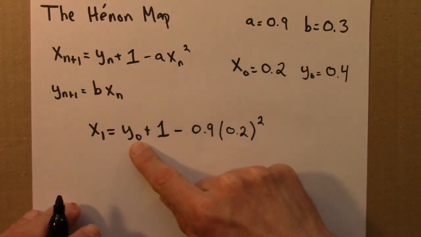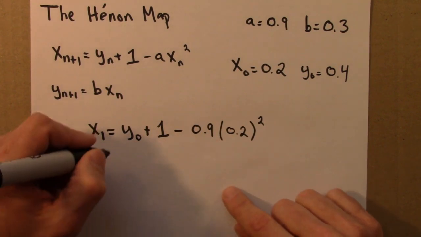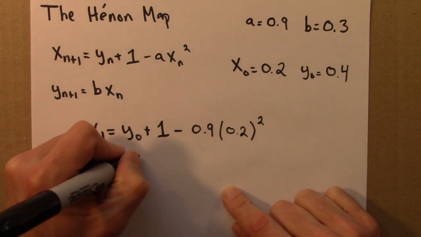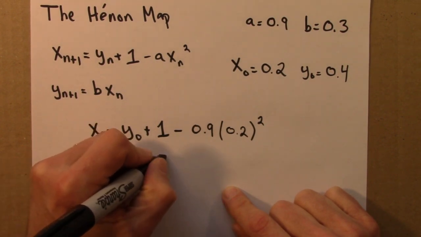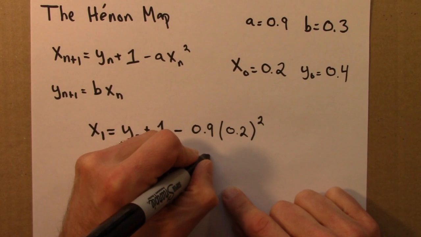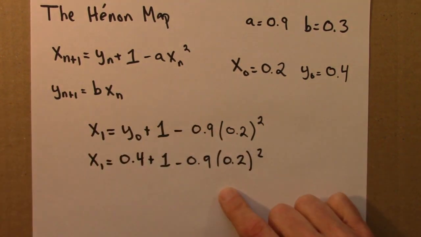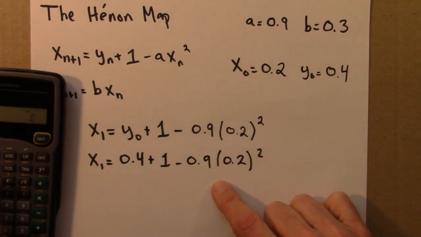And for y0, I should have put in 0.4. I'll write this again: 0.4 plus 1 minus 0.9 times 0.2 squared. Okay, so let's do this on a calculator.